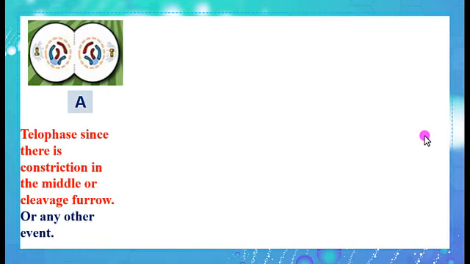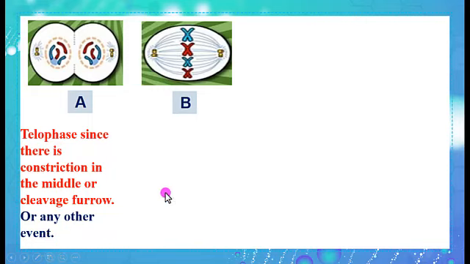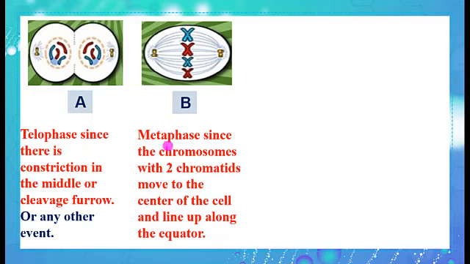Figure A is for telophase, since there is constriction in the middle or cleavage furrow. You can give any other event that takes place in telophase. What about figure B, my dears? Excellent! It is metaphase, since the chromosomes with two chromatids move to the center of the cell and line up along the equator.